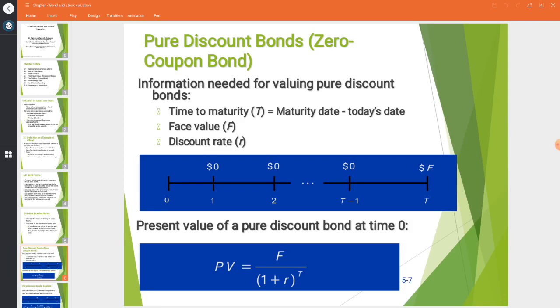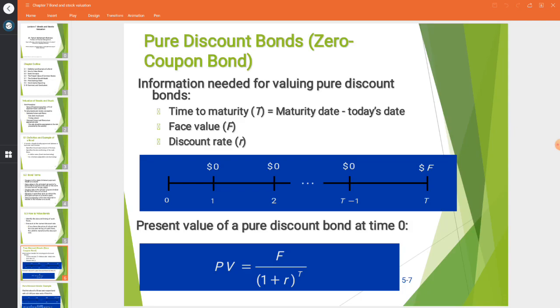At the end of the second year, we have zero coupon, and so on, till the end, which is the maturity date, we are going to have what we call the face value or the par value of this bond. To determine the present value of this face value or par value, we are going to implement the following equation.